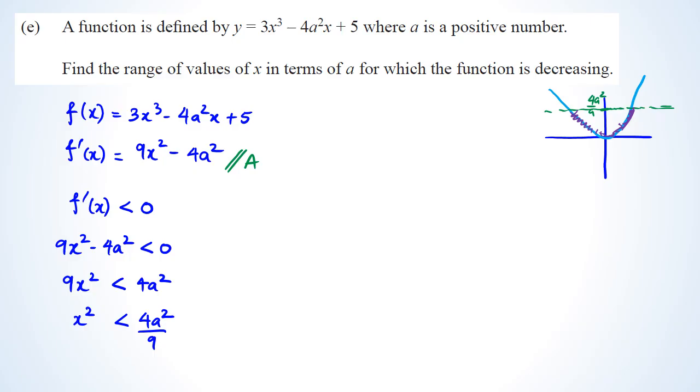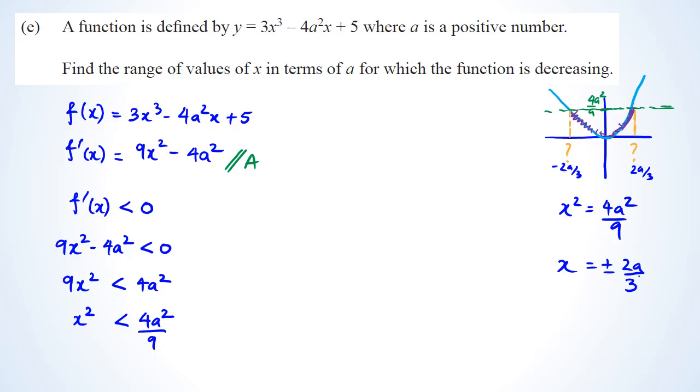So what we need to do is find out what this value is and what this value is. We can do that because we know that x squared equals 4a squared over 9, and if we square root it, we're going to get plus or minus 2a over 3. So the positive 2a over 3 is here, the negative 2a over 3 is here.